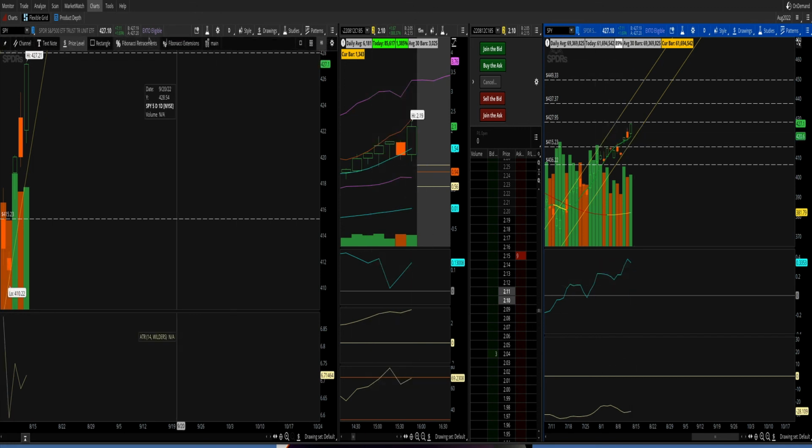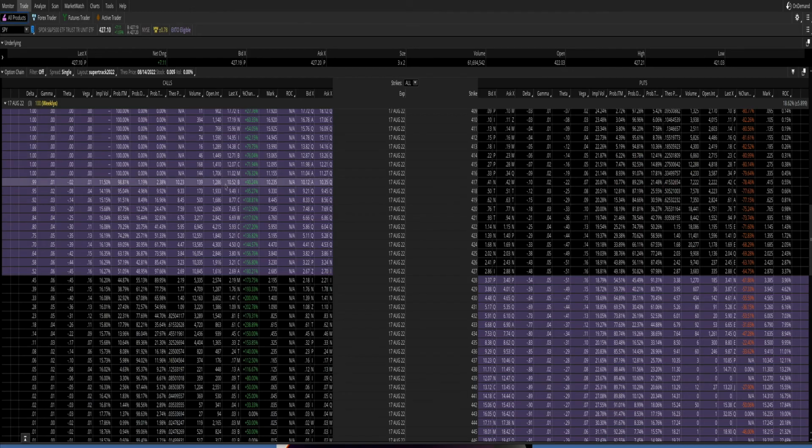I wait until the market opens up on Monday to be able to say to myself, where would my call position be? My call position would be probably around the 430, 431 mark. That's what I'd be looking at taking in a position. And if I was going down the put side, I'd be looking at 425, 424, 423.